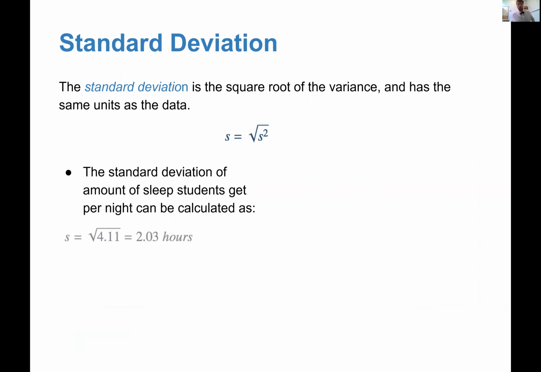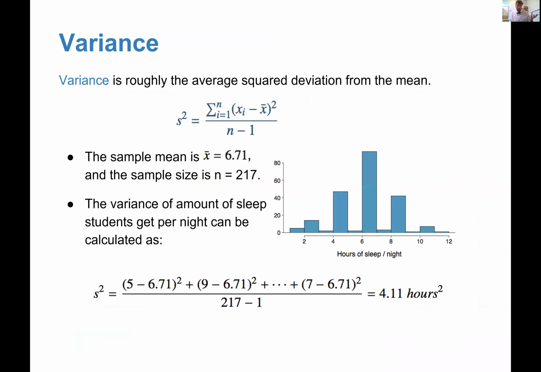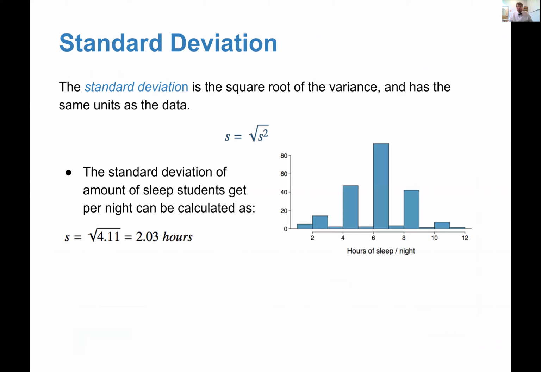So say we go back to our example of the sleep thing, you know, s squared is like 4.11. So then the standard deviation is 2.03. Okay, so then think about, a common thing is to have hardly any, or even, if you have a small enough sample, no observations that are within 3 standard deviations of the mean.